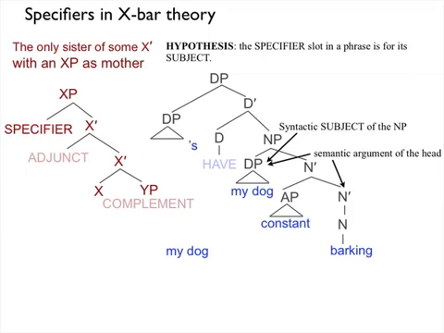So another principle, and this seems to work mostly, is that if you are a semantic argument of it, then you are instantiated at some level, underlyingly or whatever, as a constituent of the phrase that head projects.